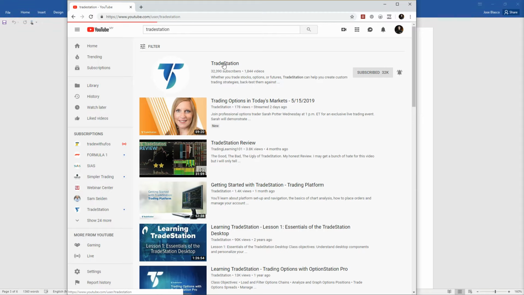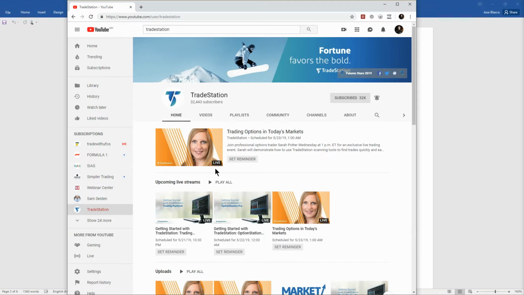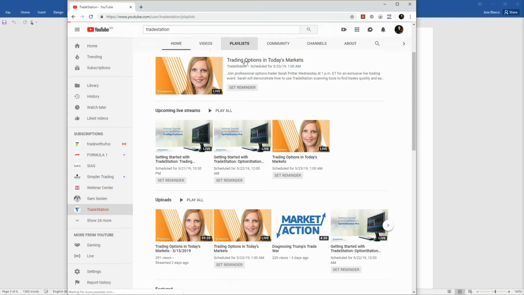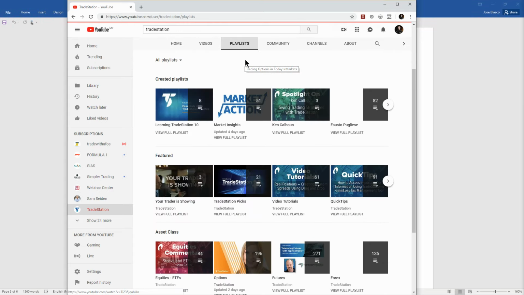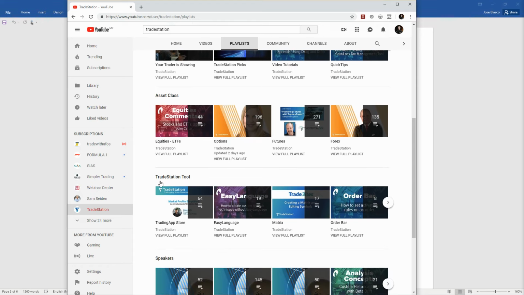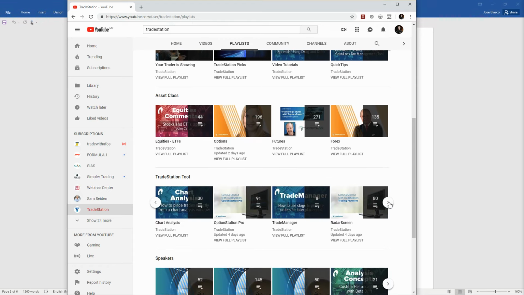When you click TradeStation, there is a channel. And to be honest, they have pretty good material when it comes to how things work. They have playlists and all sorts of things. So click playlist: equities, options, trading tools, order bar, OptionStation Pro. Here we go.